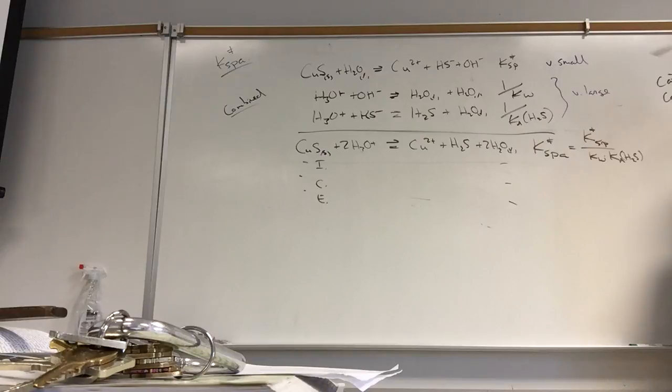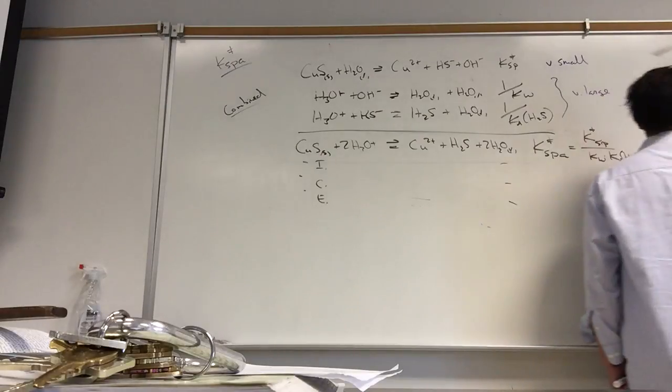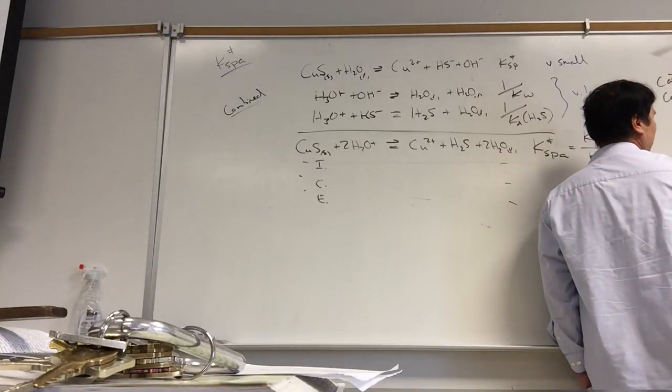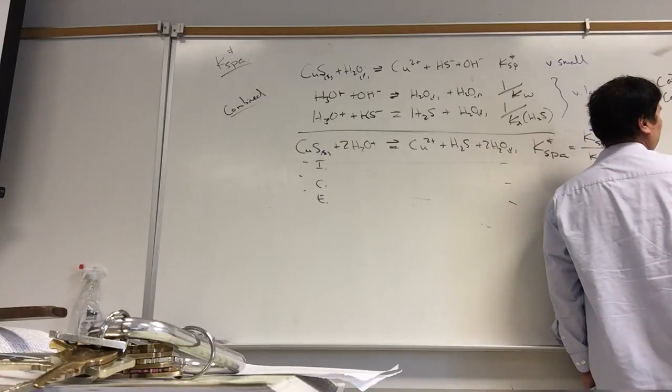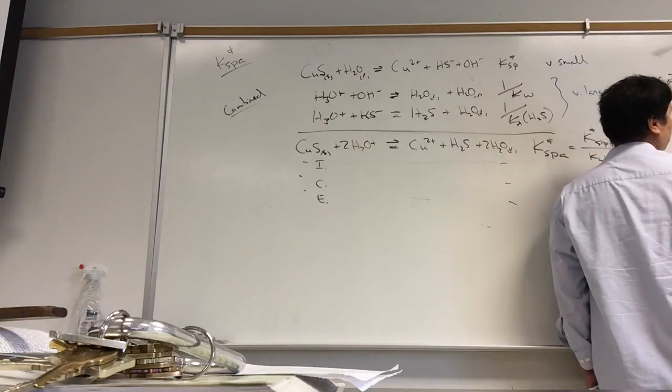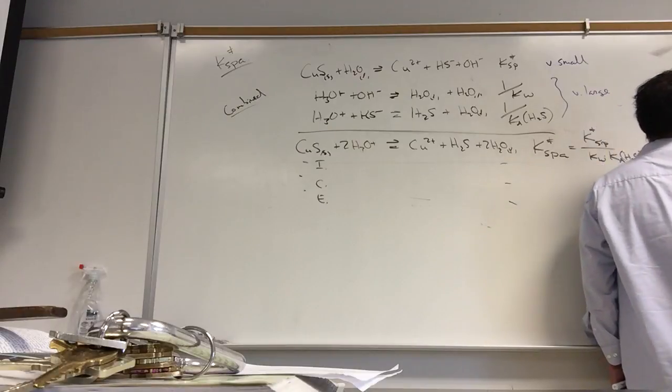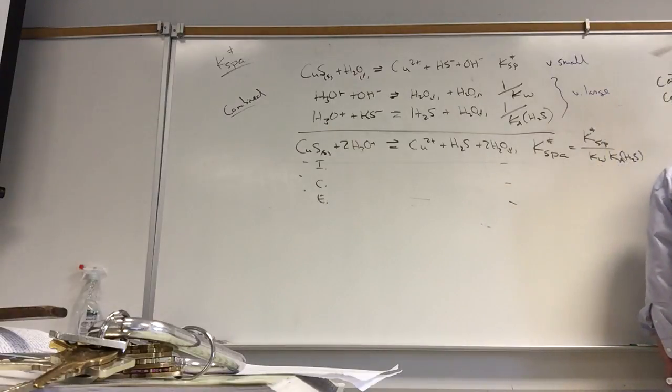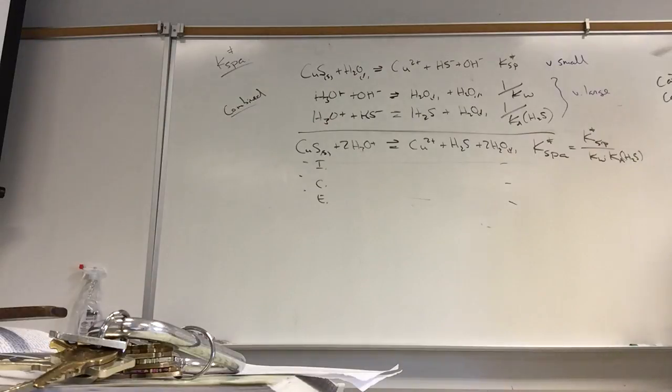Ka3. So if I were to combine these, I'm going to get 3 phosphoric acid. Oh, no, I'm not going to get 3. I'm going to get a phosphoric acid plus 3 waters yields 3 hydroniums plus a phosphate.